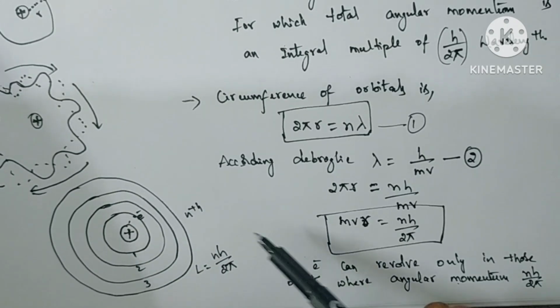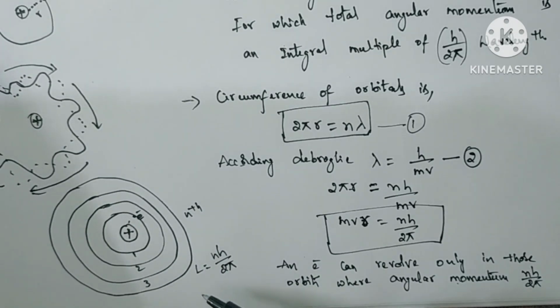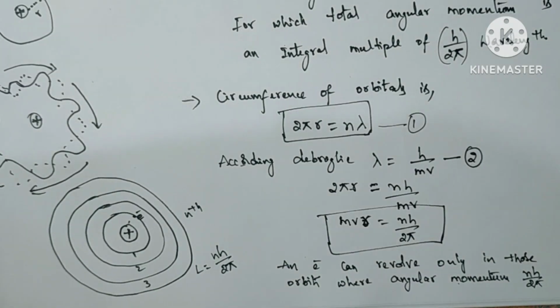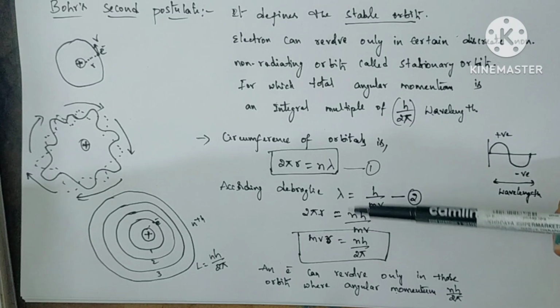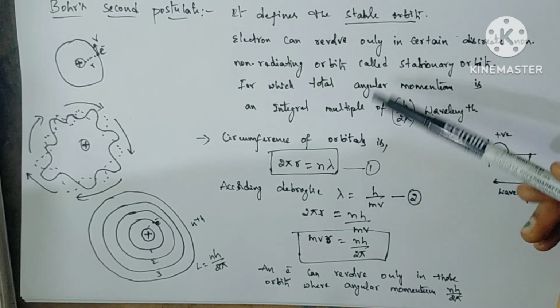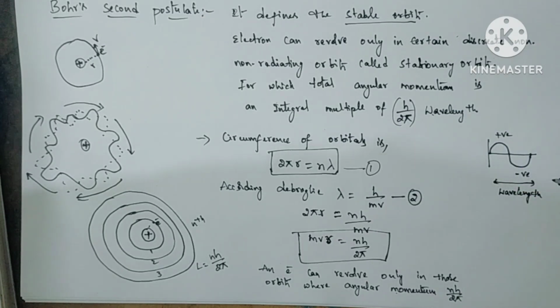So the possible angular momentums are h by 2 pi, 2h by 2 pi, 3h by 2 pi, 4h by 2 pi and so on. This is all about Bohr's second postulate in atomic physics. Is it clear, guys?